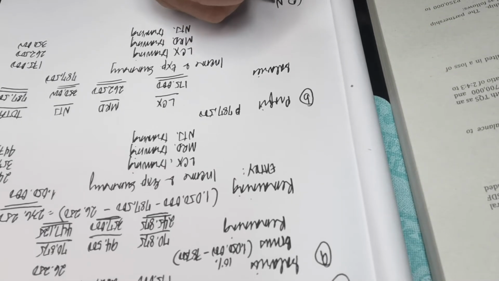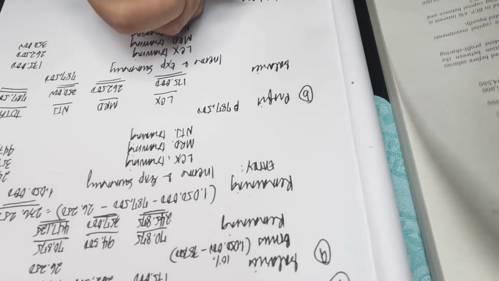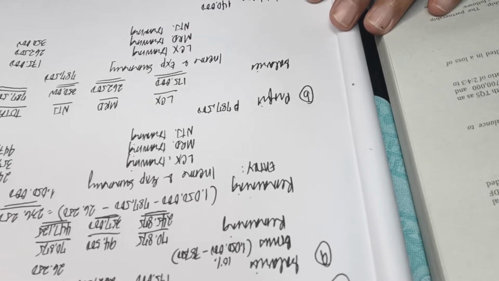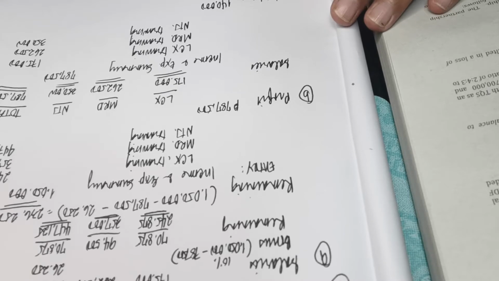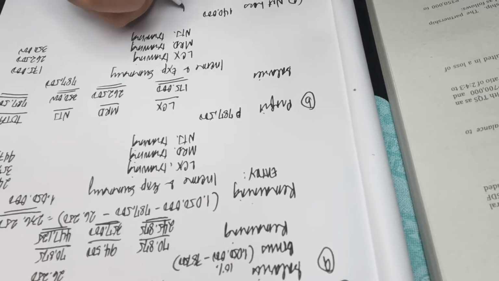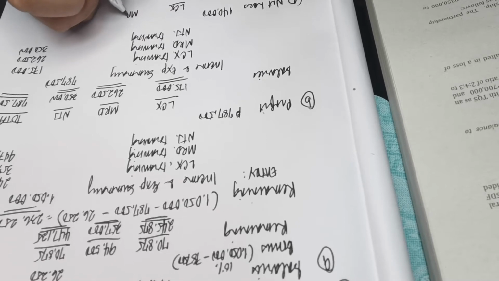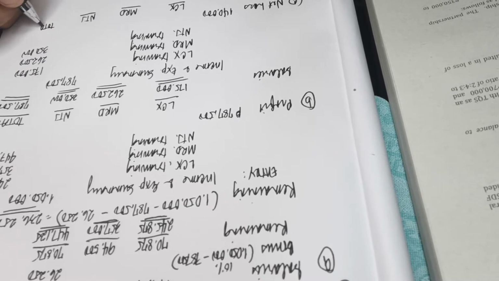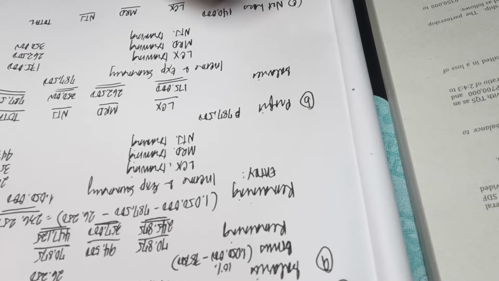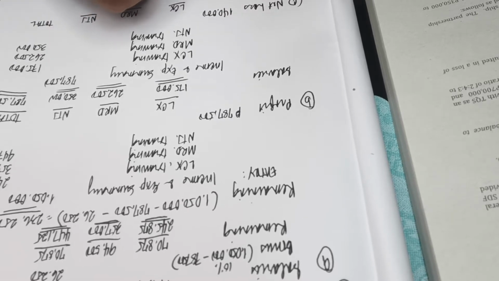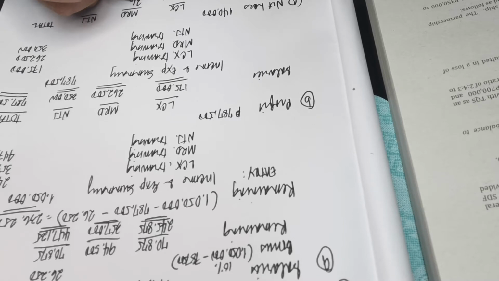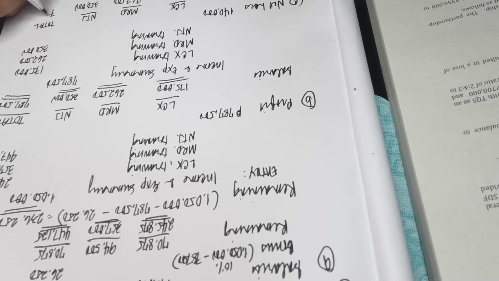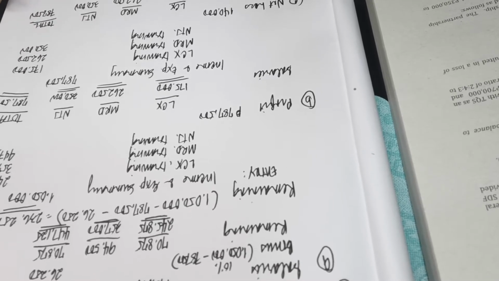Letter C. The loss is 140,000. So this year's salaries are 175,000, 262,500, 350,000, total of 787,500.